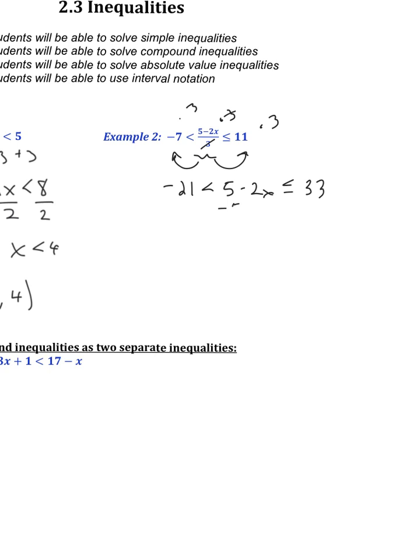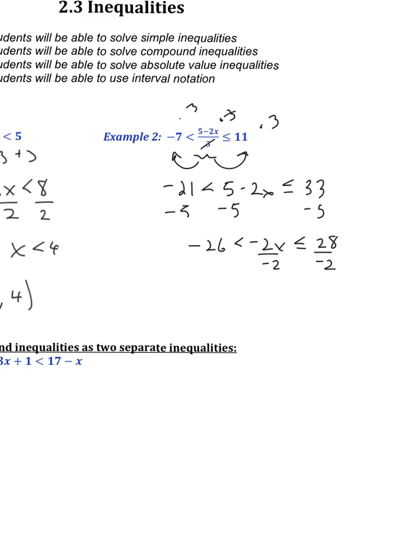I'm going to subtract 5 from the middle, from the left, and from the right. That gives me a negative 26 is less than a negative 2x, which is less than or equal to a 28. Last thing I'm going to do is I'm going to divide by negative 2.